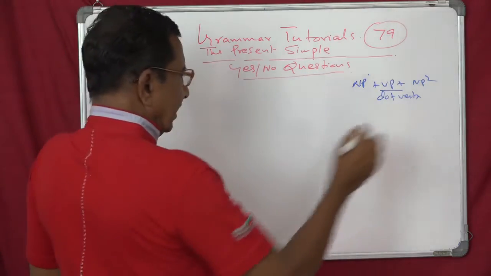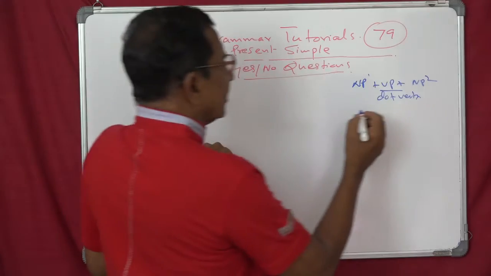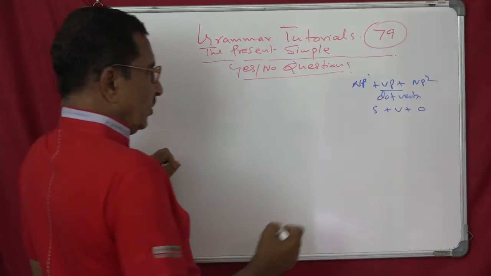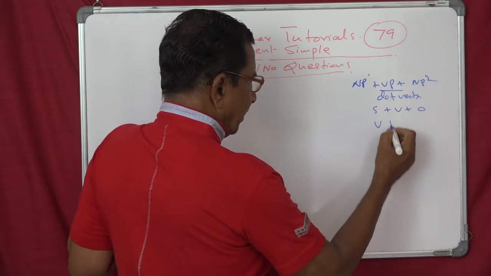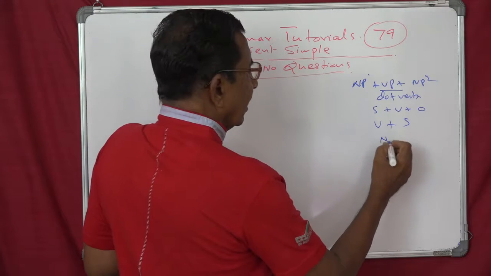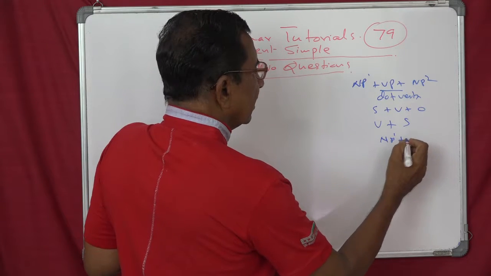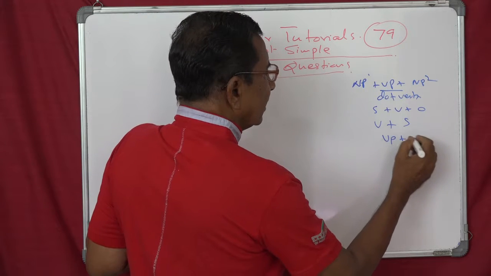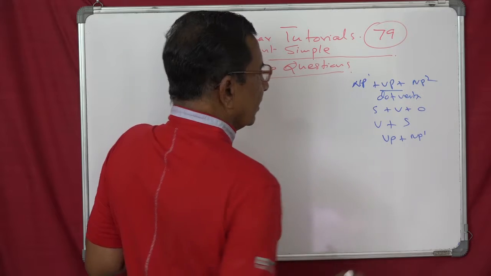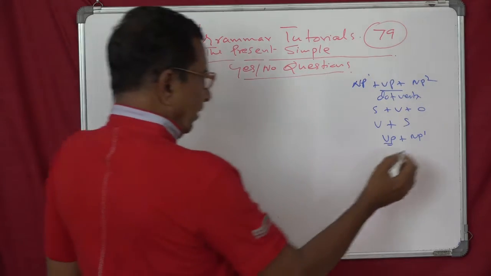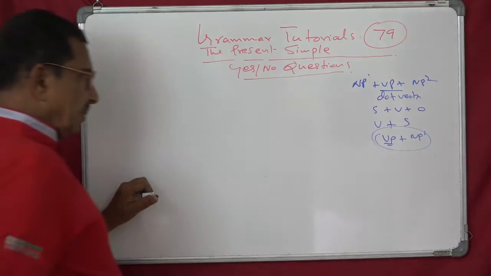And we have seen in good old days you will say subject, verb, object. So question means verb plus subject, or part of VP plus NP1. VP means only part of it.